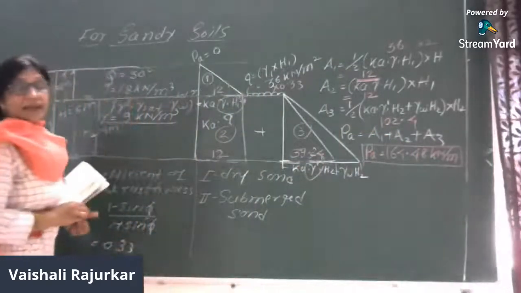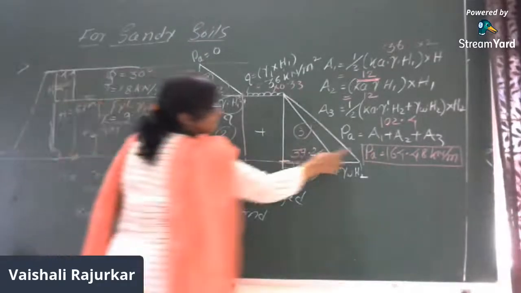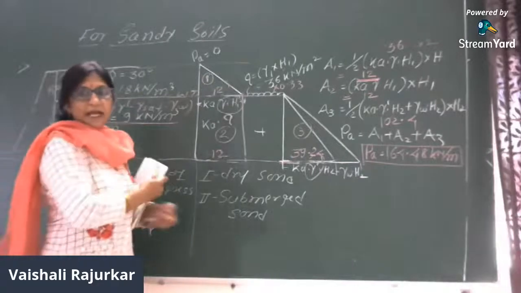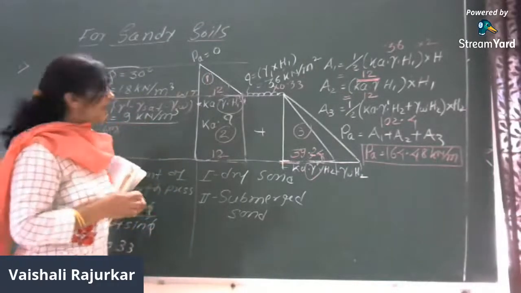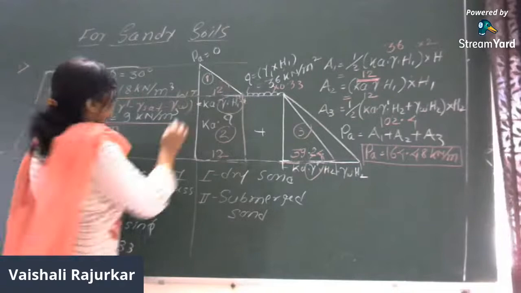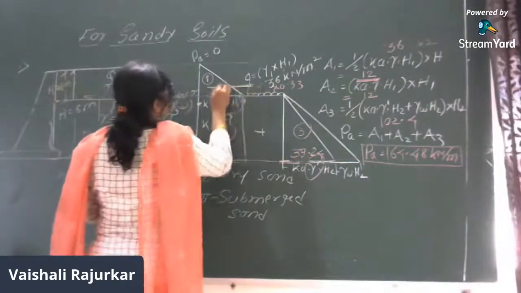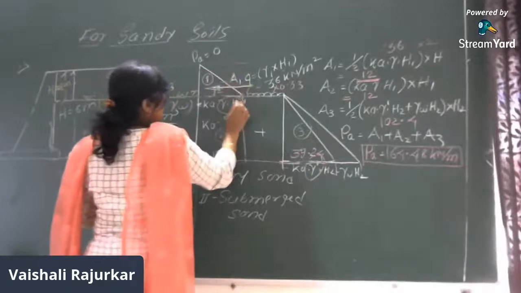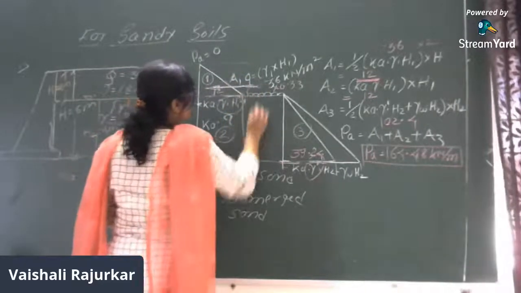Now, this total PA will be at some distance from the bottom, and that distance is calculated as Z1. Now, here this is first PA or first A1. A1 is acting at how much distance from the bottom?